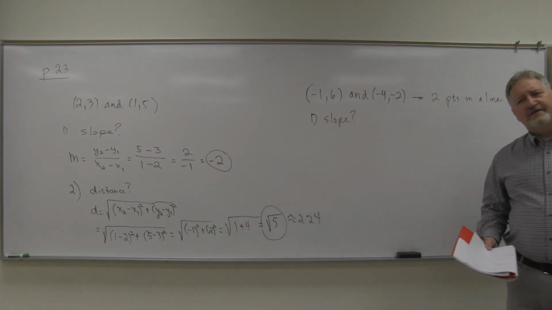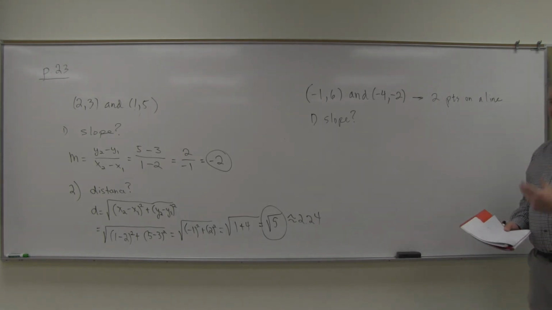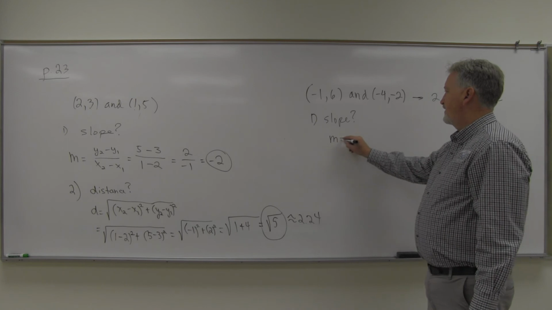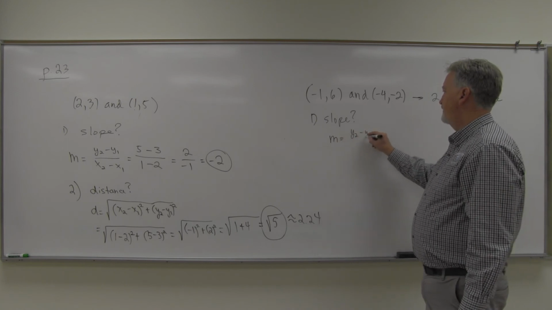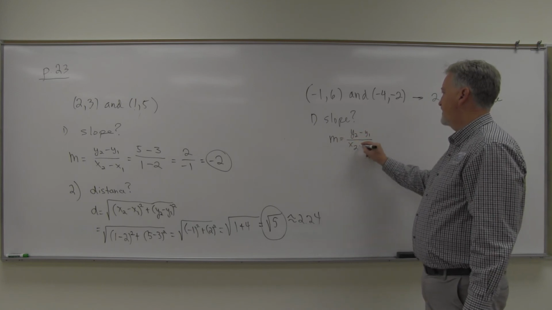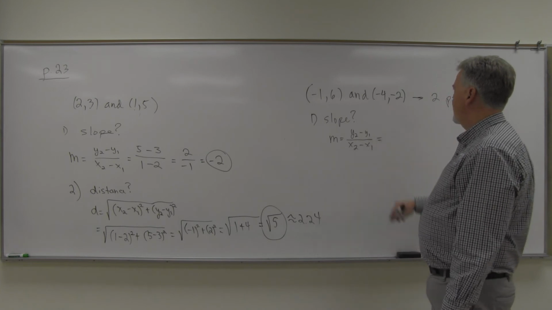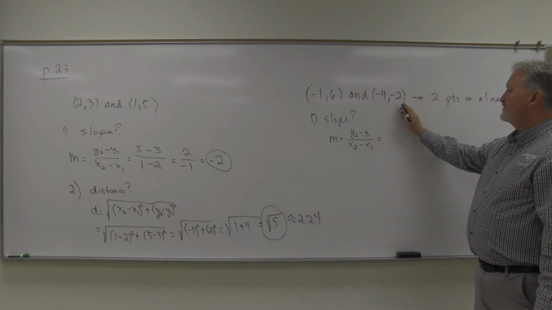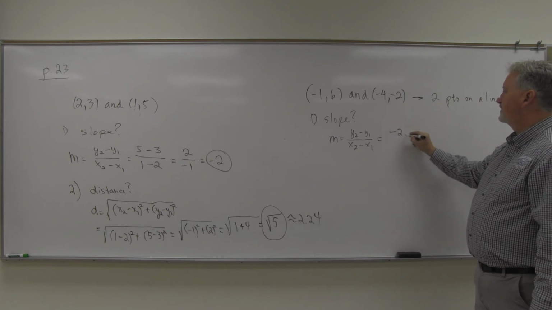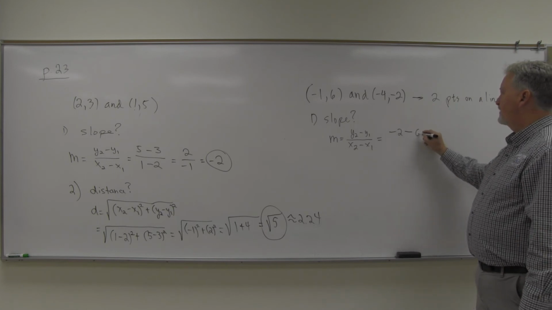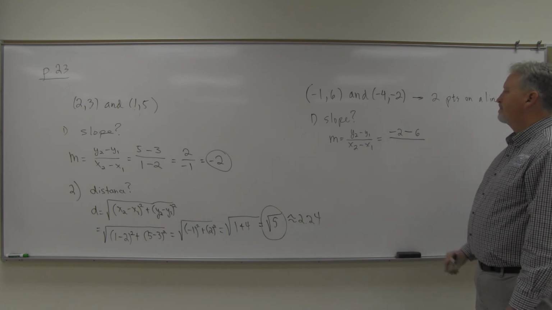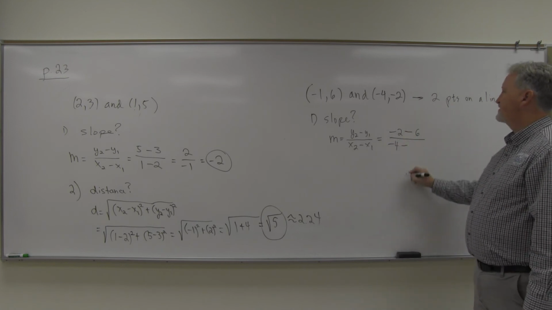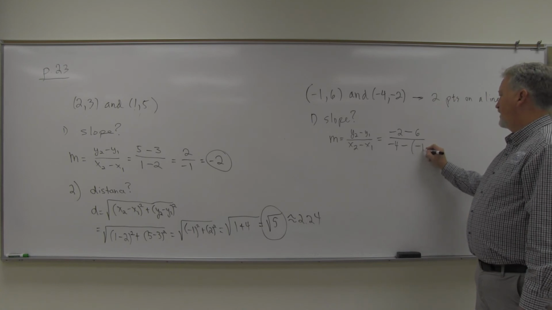The thing is, with the negatives, you got to be careful with your negative signs. So the slope here, y2 minus y1 over x2 minus x1, what is that going to give me? Well, y2, -2, minus y1, 6, okay, no problem there. x2, -4, minus -1.